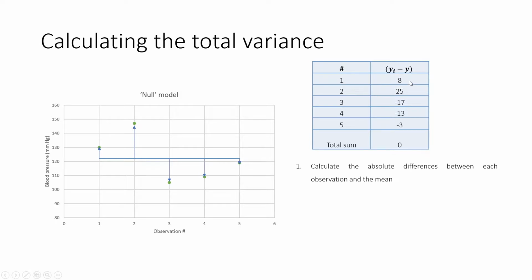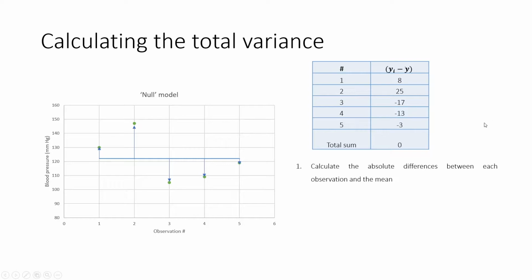So here we can see that observation 1 has an absolute deviance of 8, and that's correct because our mean was 122, and this first data point has a value of 130, so it's an absolute difference of 8. And we can do that for each observation. So we see that the second observation has 25, the next one has minus 17, minus 13, minus 3, etc.